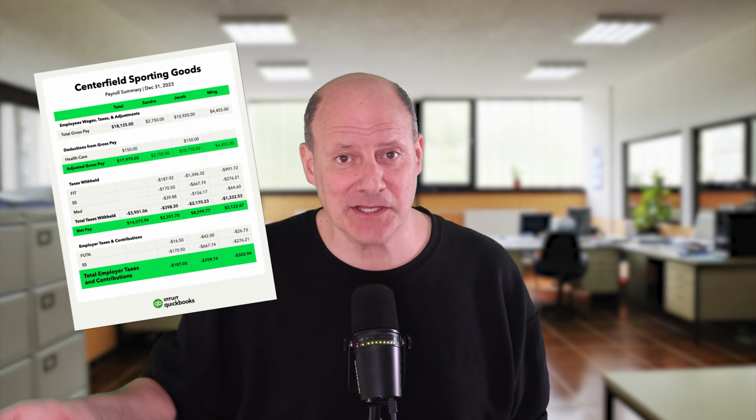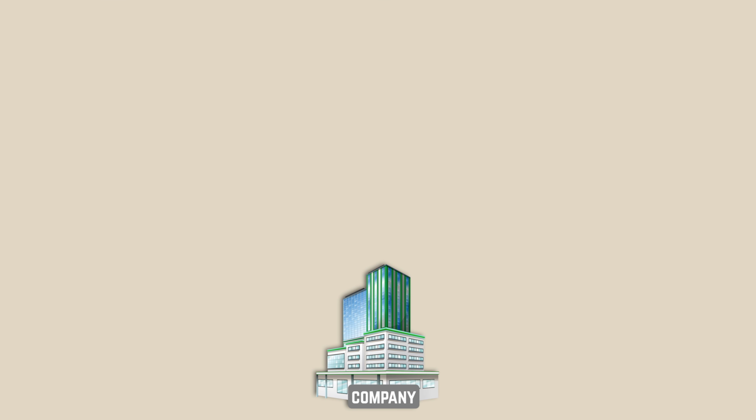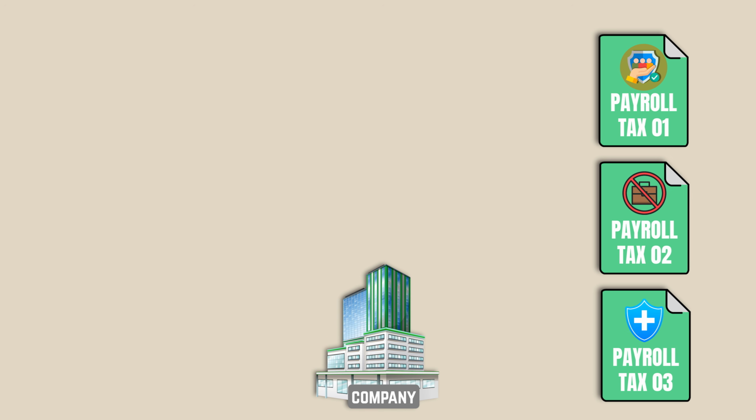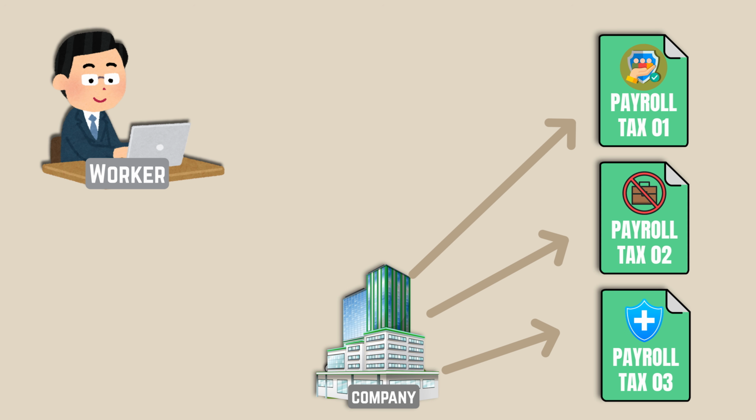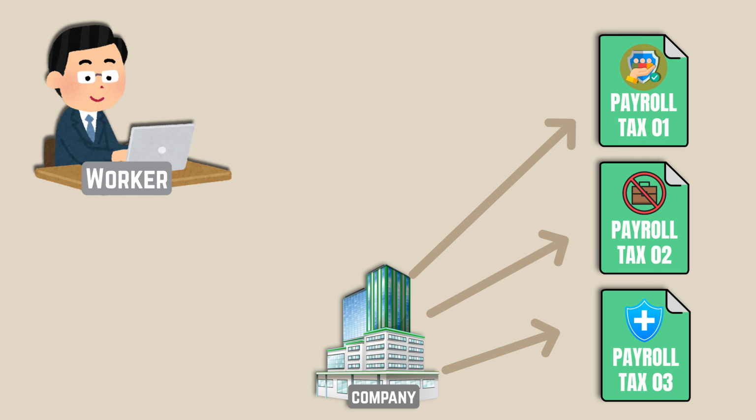But why are there so many numbers and so many calculations? Well, that's because, unfortunately, there are several payroll taxes that the company has to pay at the moment one worker receives one check for gross pay that they earn.